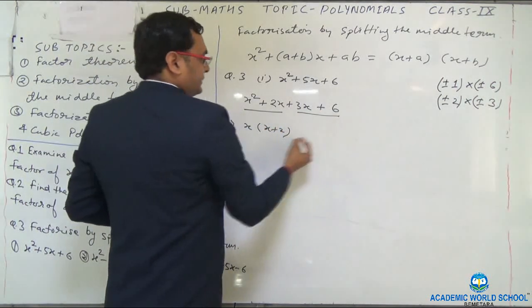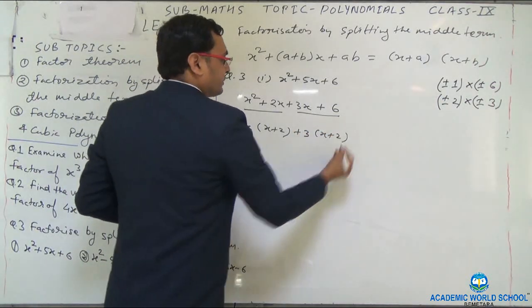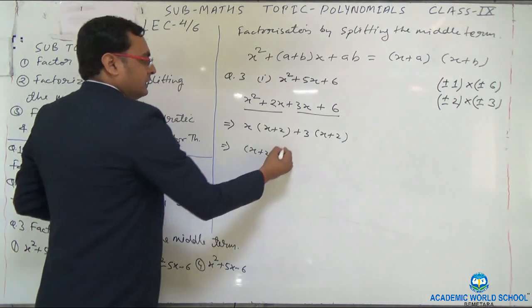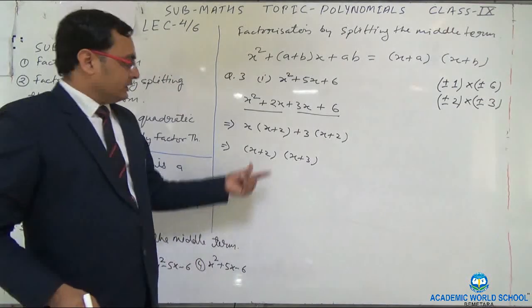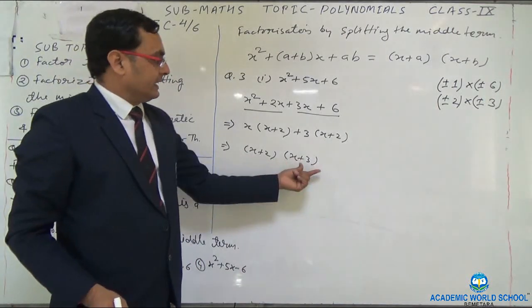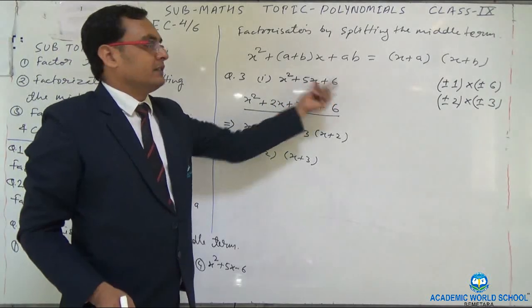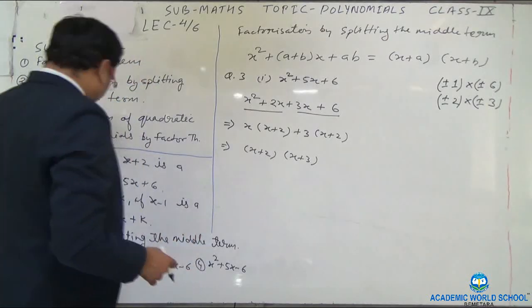From these two terms, we can take plus 3 common. So, we are left with x plus 2. Take out x plus 2 common and we are left with another factor, x plus 3. So, these are the two factors, x plus 2 and x plus 3, of this quadratic polynomial x square plus 5x plus 6.